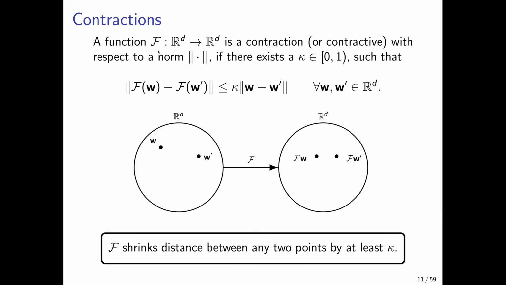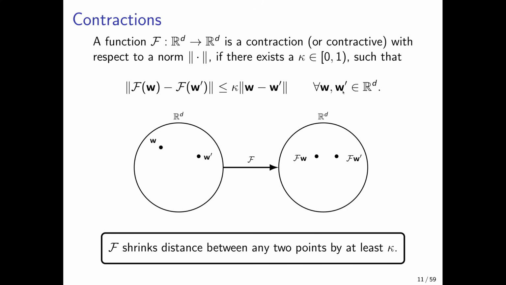Formally, let's again consider such a function f mapping from R^d to R^d, and we call it a contraction, or contractive operator, with respect to some norm on R^d, if there exists a kappa between 0 and strictly smaller than 1, such that this inequality holds.